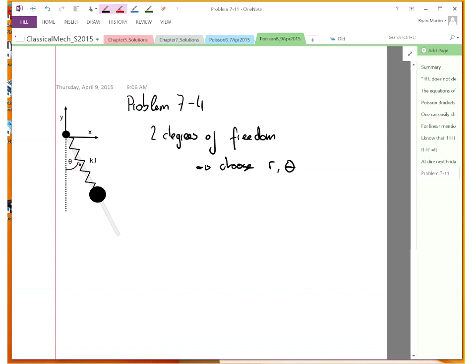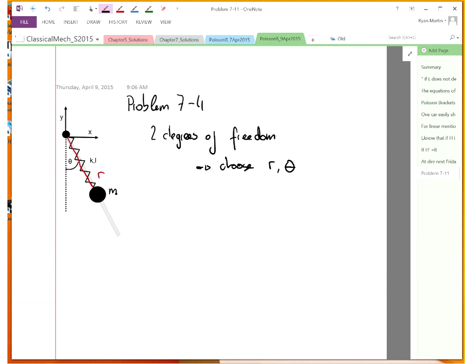So theta I've already drawn, and r I'm going to take as the distance of the mass to the origin. Okay, so as usual, this is a massless rod. It's only there to constrain our bob mass m to move linearly.